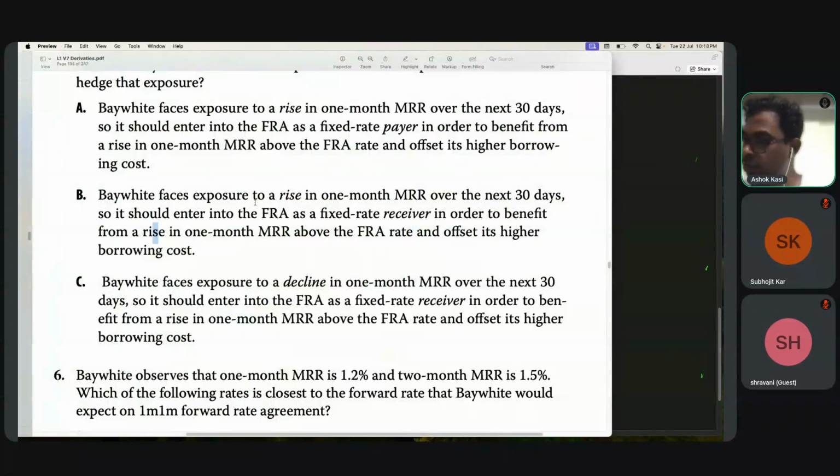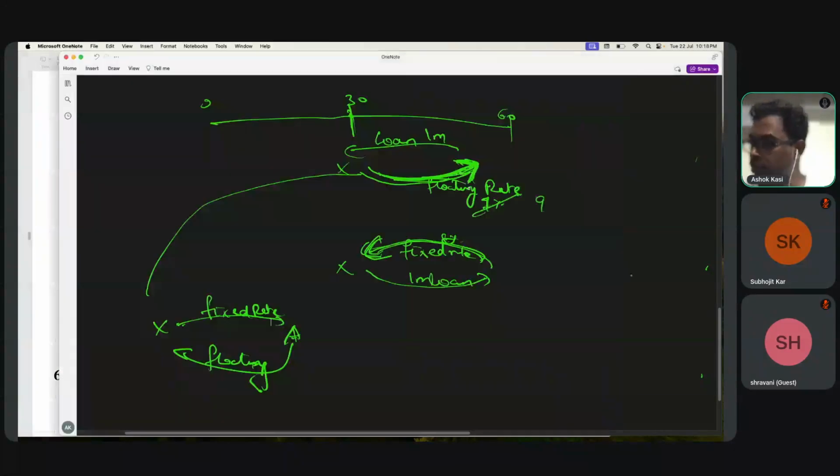It should enter into an FRA as a fixed rate payer. Yeah, it is paying fixed rate and it is receiving floating.